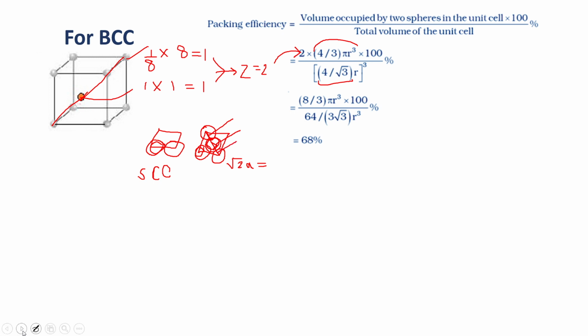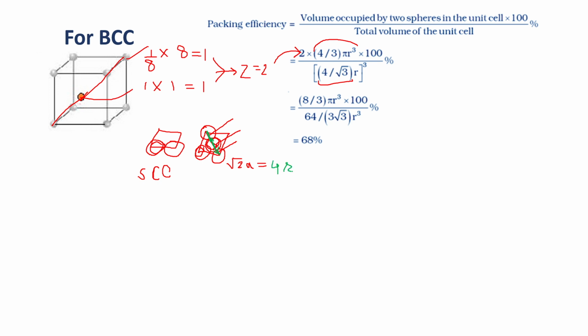This is the radius of the one sphere present at the corner. This will be considered as 2 radius, since it is a diagonal, because of the sphere present at the center, and this one is the radius of the third sphere present at the corner. So 2a is equal to 4r.